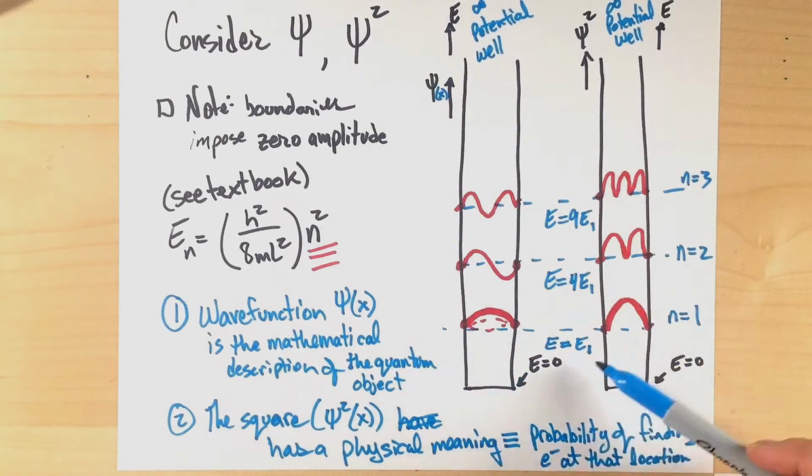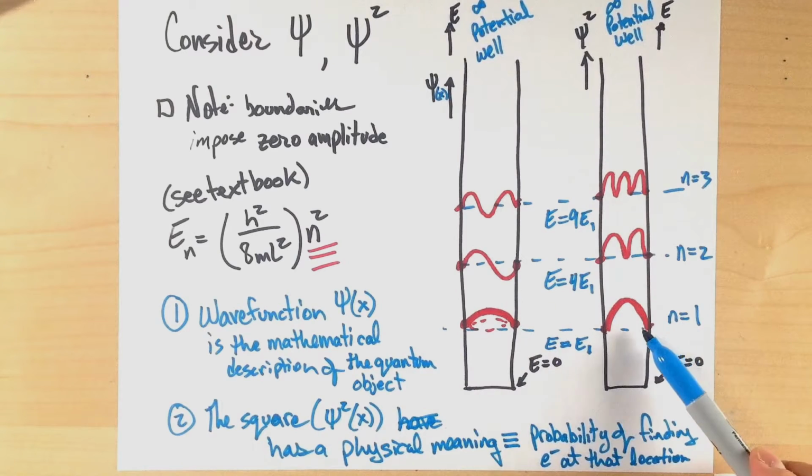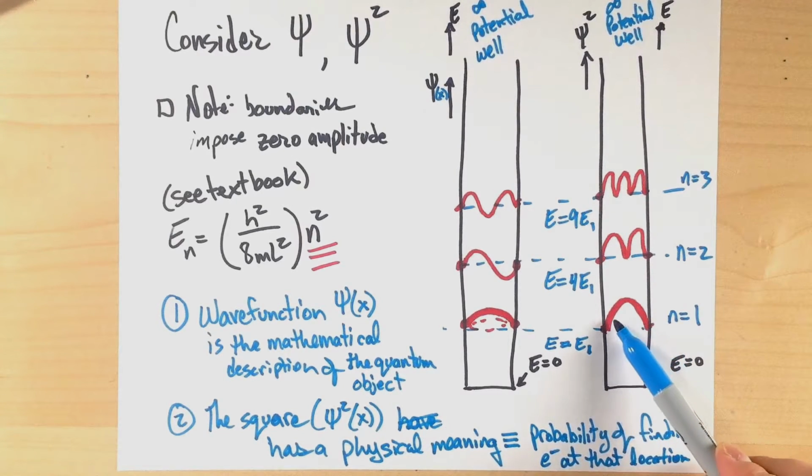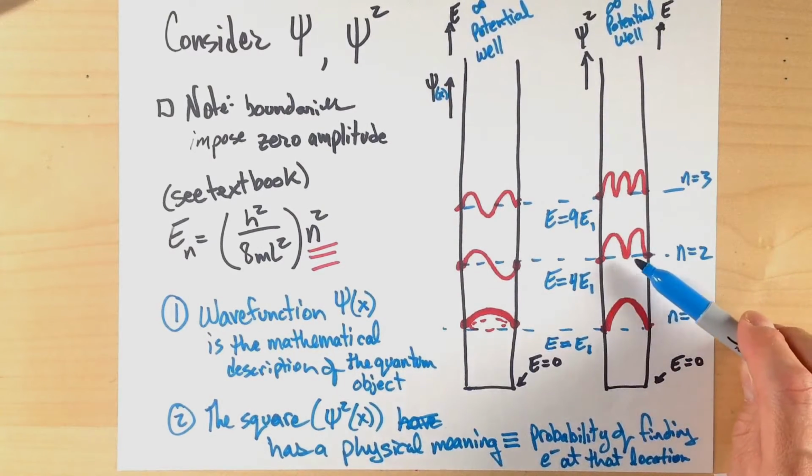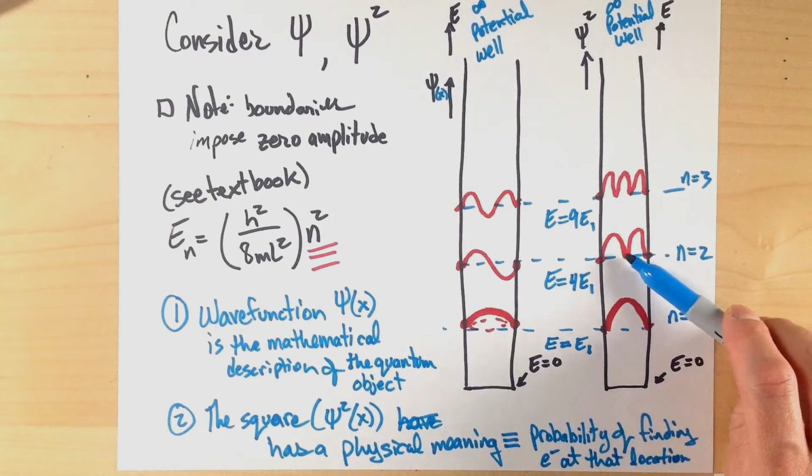And what that means in this case is that the electron in the lowest energy state or the lowest quantum number state is most likely to be in the middle, but certainly not always. There's a fixed probability of it being away from the middle. Notice that the probability then is 0, that it's at or beyond the boundary, in this case with an infinite potential well. Now for the second quantum state, you can see something a bit different.